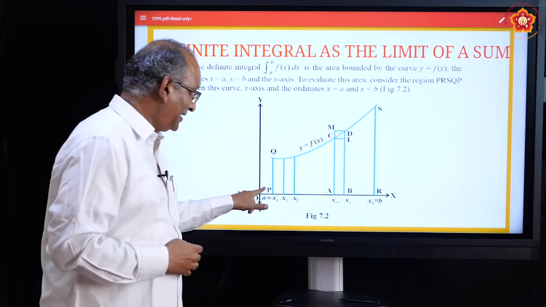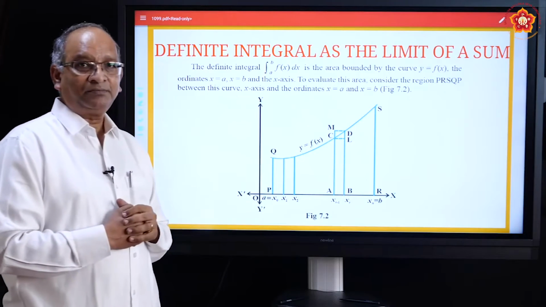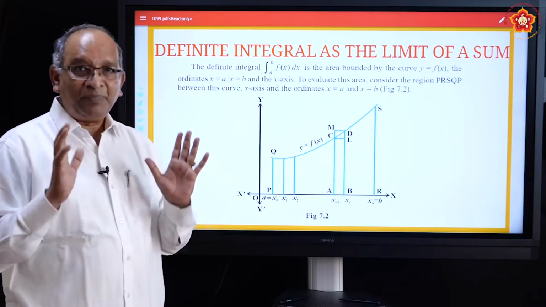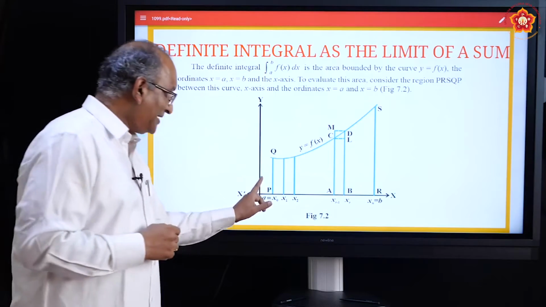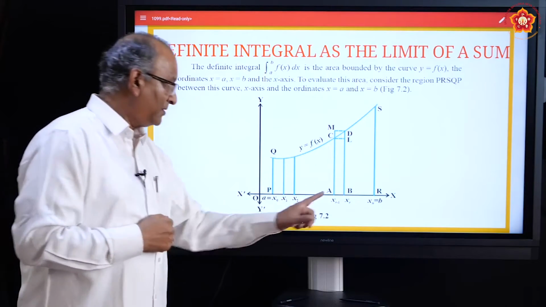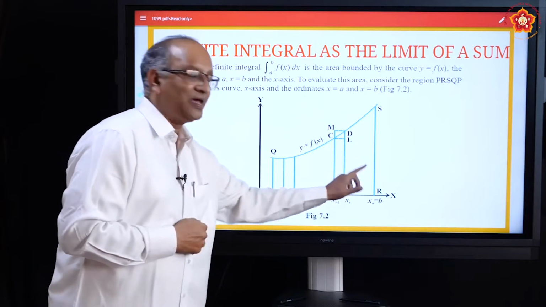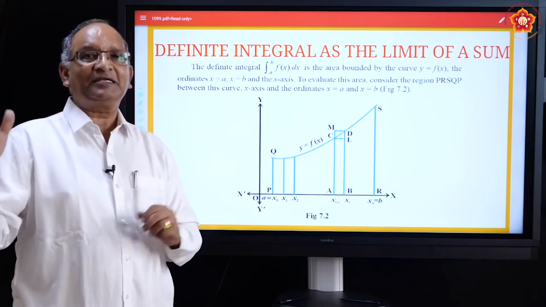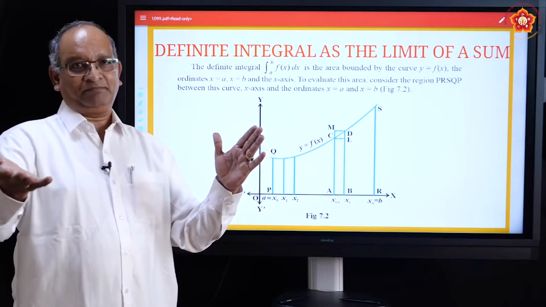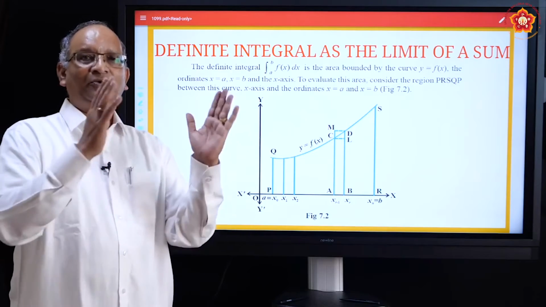See, the total length from P to R, if you take, OP is how much? A. And OR is how much? B. So what is PR? PR is B minus A. From OR, if you subtract OP, you get PR. This is the total width. We divide with N. N stands for the number of strips. Suppose N is 10, you get 10 strips.